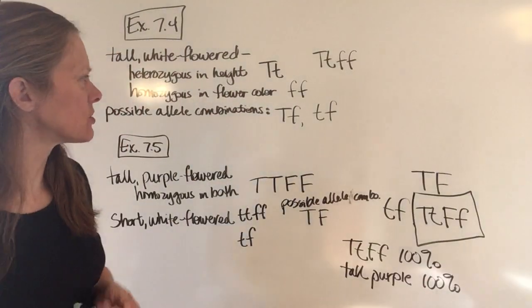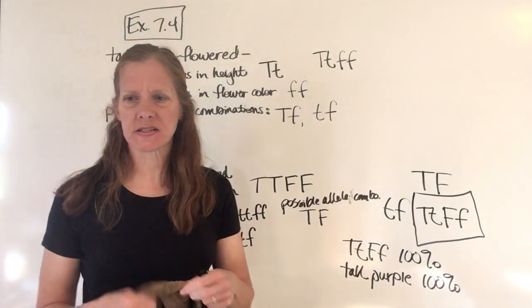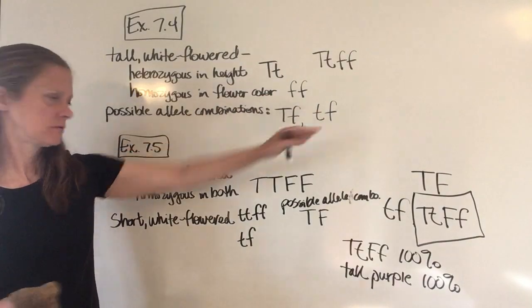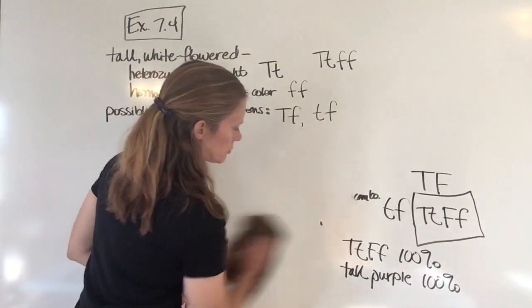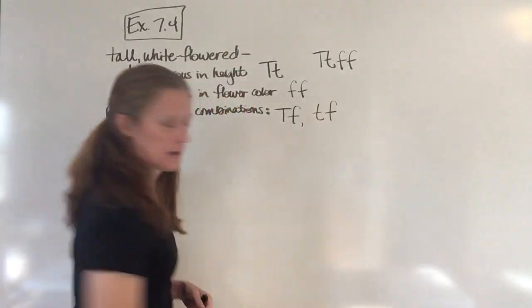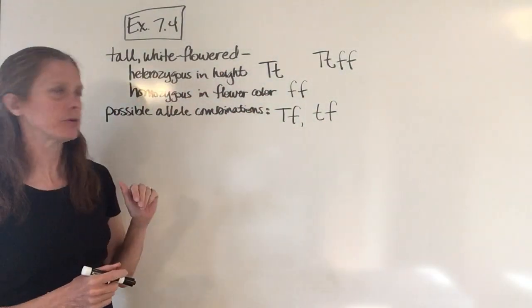But now let's see what happens if I self-pollinate the plant that I got up here. So I'm going to erase this bottom example so that I've got some more space. Just to go back and review what we did here, we said I've got a tall white flowered pea plant.